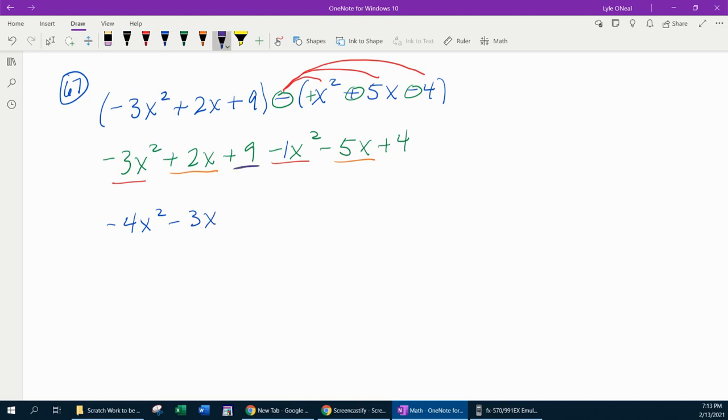Last but not least, we have the constants. 9 and 4 is 13. And that is done. If it just says perform the indicated operation, or if it just says subtract, once you finish combining like terms, stop. That's all they want you to do.